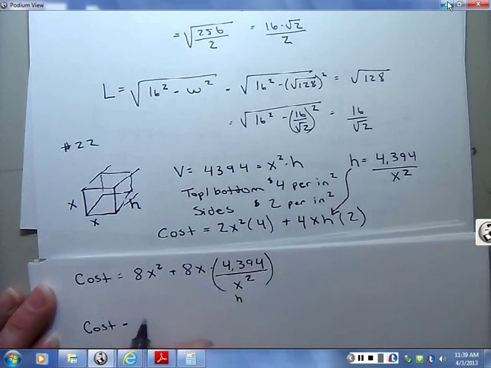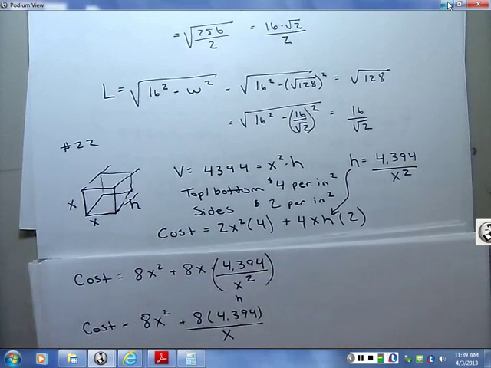So cost would be 8x squared plus whatever 8 times 4,394 is over x. So here, my bounds on x have to be greater than 0, but it cannot equal 0.